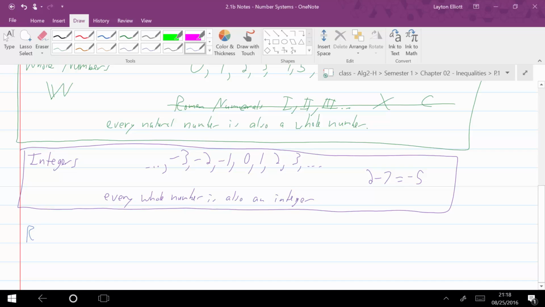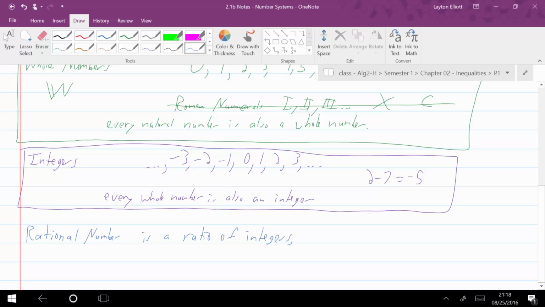So I'm going to put the word ratio down, but I'm going to make it its adjective form. Instead of ratio, I'm going to call it rational. That's the adjective form of the noun ratio. And a rational number is a ratio of integers.